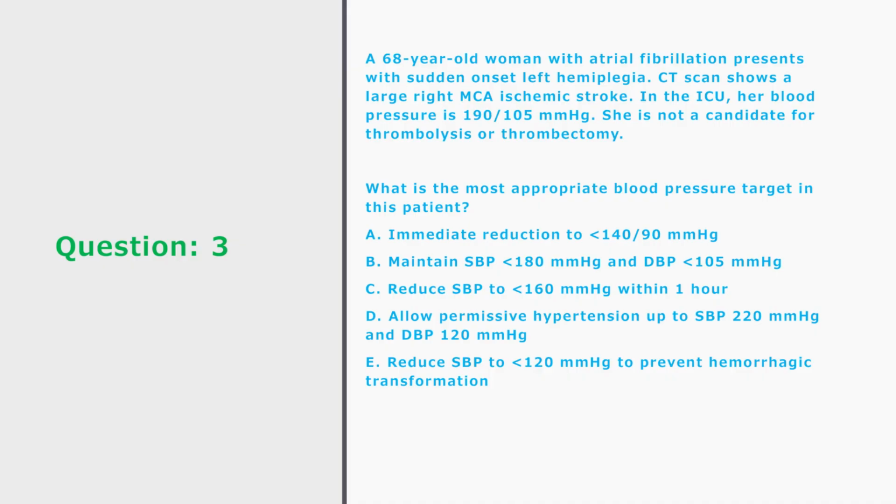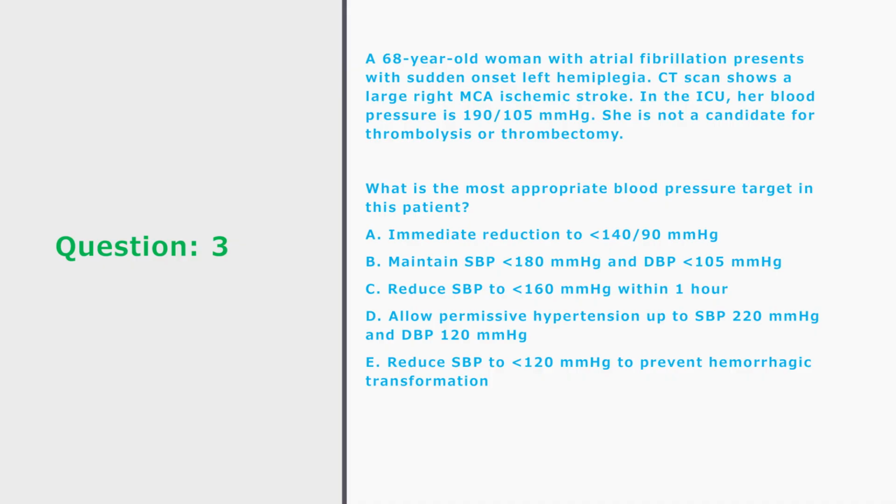A. Immediate reduction to less than 140/90 mmHg. B. Maintain systolic BP less than 180 millimeters of mercury and diastolic BP less than 105 millimeters of mercury. C. Reduce systolic BP to less than 160 millimeters of mercury within 1 hour.